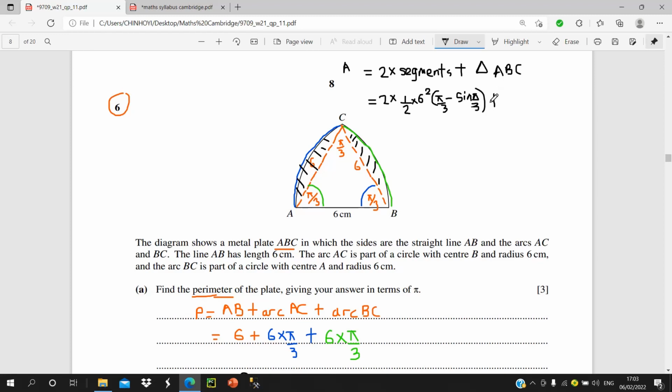Then plus the area of the triangle. You can use the area of the triangle as half side by side. If you have a triangle that doesn't have the height, you can use this formula, half of AB sine theta.